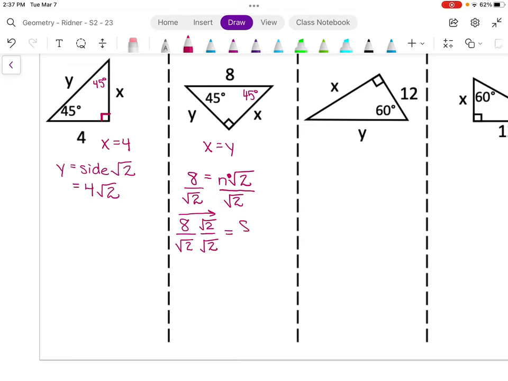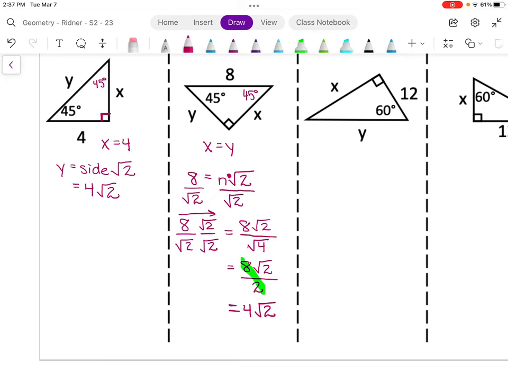So here I just get 8 square root of 2. Here I get square root of 2 times square root of 2. That's square root of 4. Well, what is the square root of 4? Hopefully you answered that in your head to say, hey, that's 2. Yes, you are right. One last step to make this as simple as we can. 8 divided by 2 is 4. So my answer is 4 square root of 2.